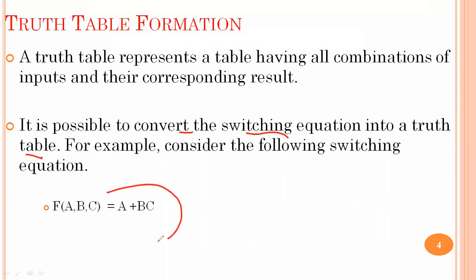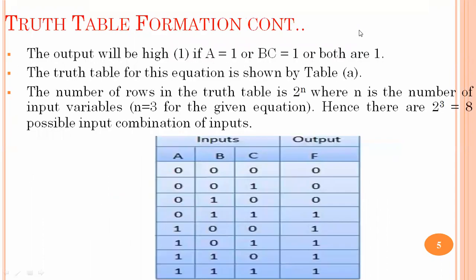Like f of a, b, c means three variables will be used, and then the expression used in this function. So this is the truth table formation.